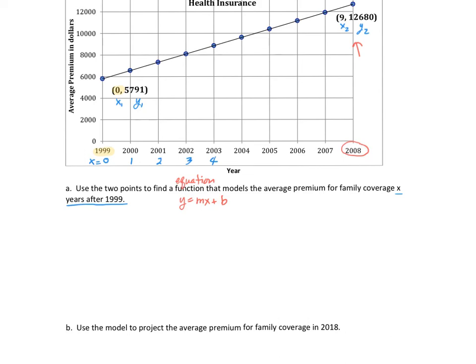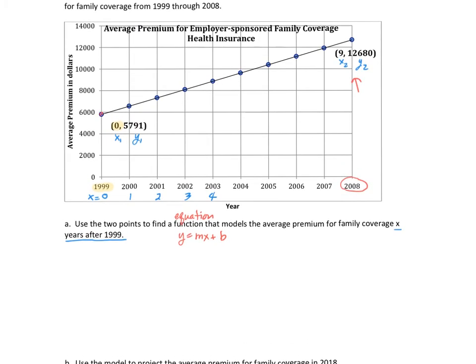What's really nice about this graph is notice that when x is equal to 0, we have our b value, which would be the y-intercept, right? Because the y-intercept is when x is equal to 0, and that y value is your b value. So I have my b value. All I need is my slope.